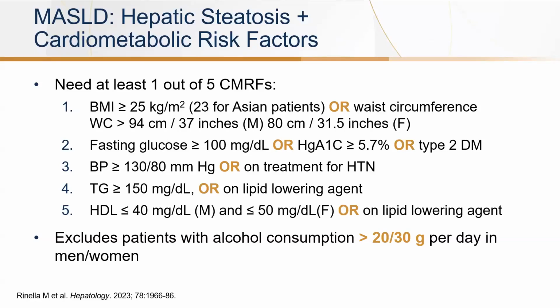Waist circumference greater than 37 inches for a male, 31.5 inches for a female, fasting glucose greater than 100, or an A1C greater than or equal to 5.7, or known type 2 diabetes, blood pressure greater than 130/80, or on treatment for high blood pressure, triglycerides greater than 150 or on a lipid-lowering agent, and HDL less than 40 in males, less than 50 in females, or on a lipid-lowering agent. This excludes patients with excessive alcohol consumption greater than 30 grams per day in a man and 20 grams per day in a female.